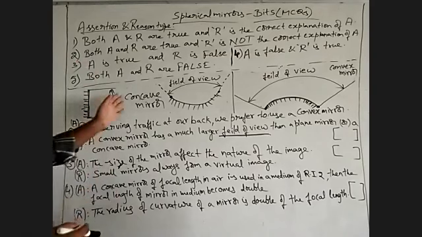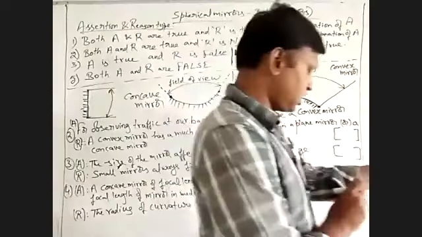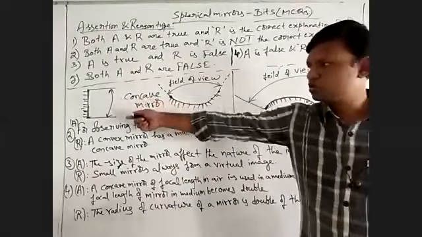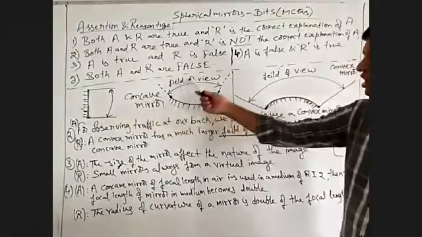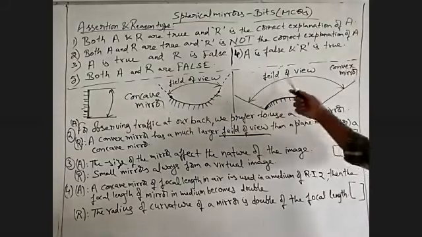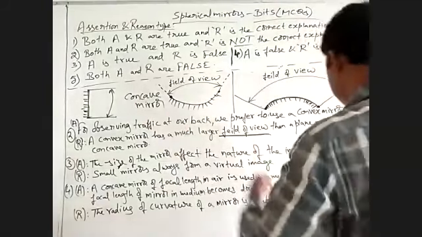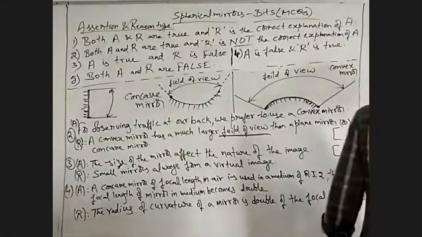So now I hope you understood the concept of field of view of all the three mirrors: field of view of a plane mirror, a concave mirror, and a convex mirror. So by this, what can you write as the answer?